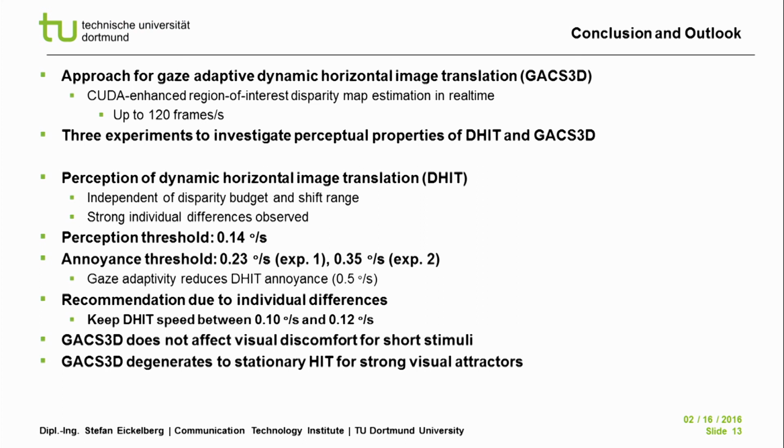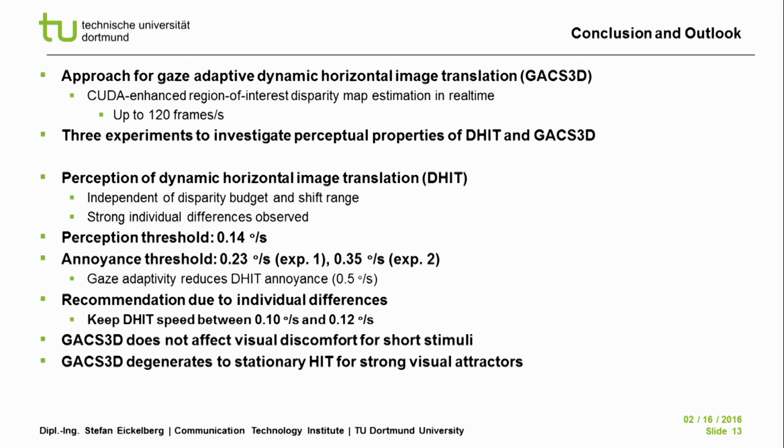We found out that the perception of the dynamic horizontal image translation is independent of disparity budget and shift range, and that there are strong individual differences. The perception threshold was 0.14 degrees per second, and the annoyance threshold was increased to 0.35 degrees per second in regular watching conditions. With gaze adaptivity, it was increased even further to 0.5 degrees per second.